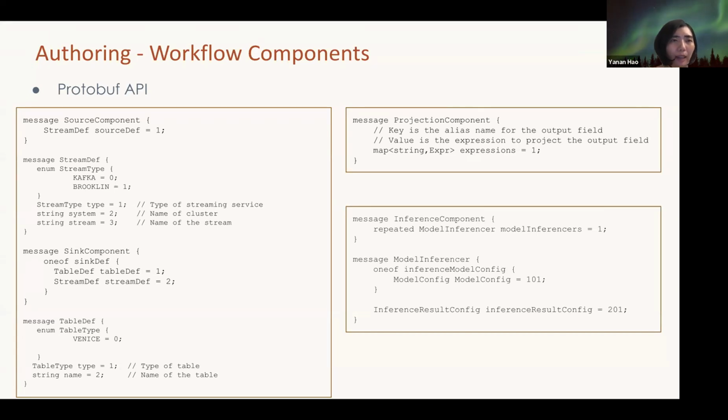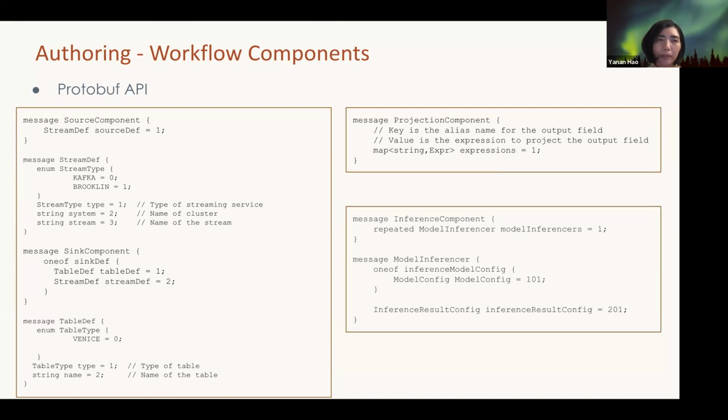On the left, we have a source component that takes in the definition of a stream, which tells the source component where to read the data from. And we have a sink component that can either take in a definition of a data table or a definition of a stream, which tells the sink component where to write the data to. On the right side, we also have examples of a projection component and an inference component.